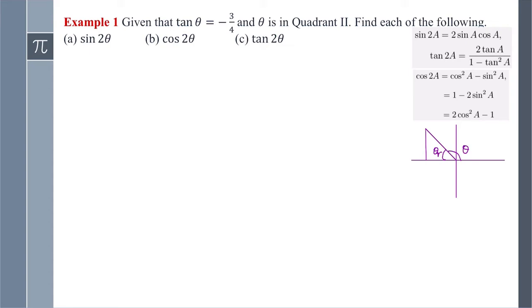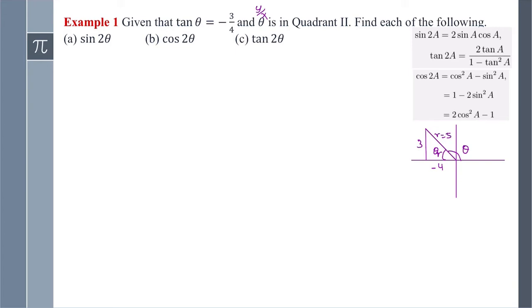We're given tangent theta equals negative 3/4. We know that tangent equals y over x, so it is 3/4, and we know that x is negative in the second quadrant, so it's negative 4. And then we can find r: the square root of 3 squared plus 4 squared is the square root of 25, which is 5.